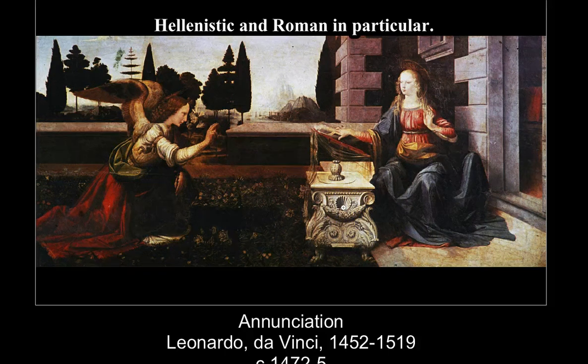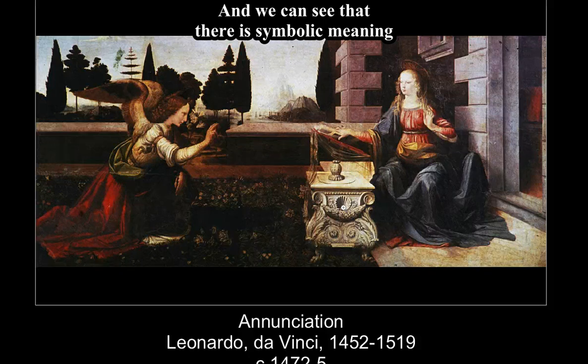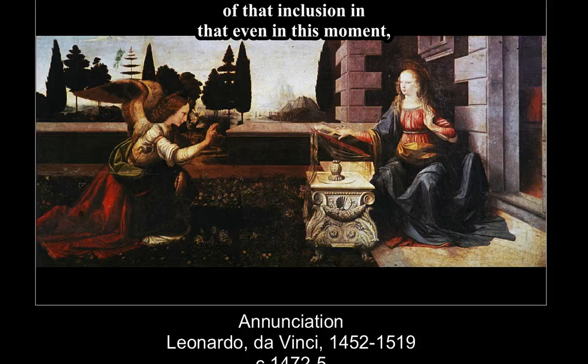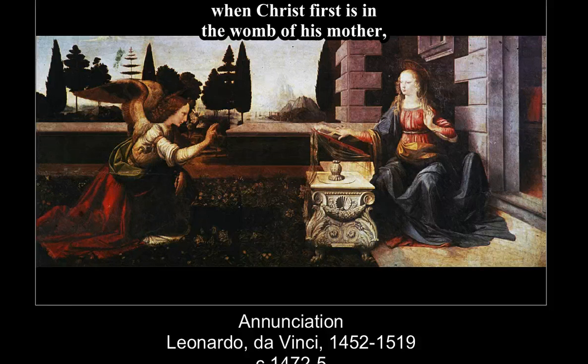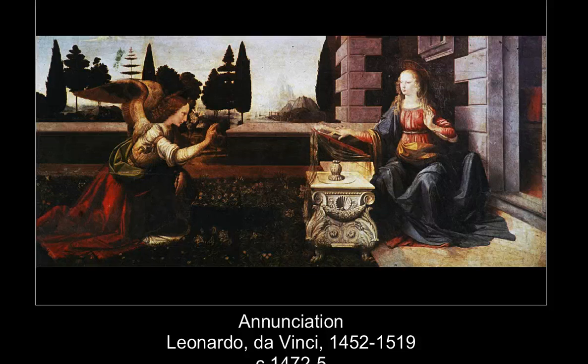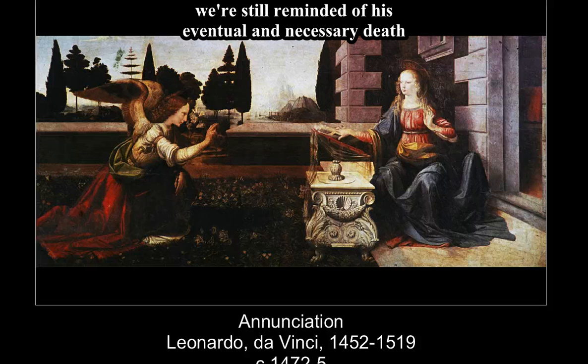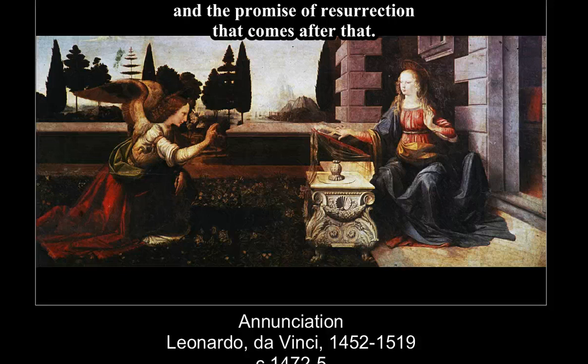Roman in particular. And we can see that there is symbolic meaning of that inclusion, in that even in this moment when Christ first is in the womb of his mother, we're still reminded of his eventual and necessary death and the promise of resurrection that comes after that.